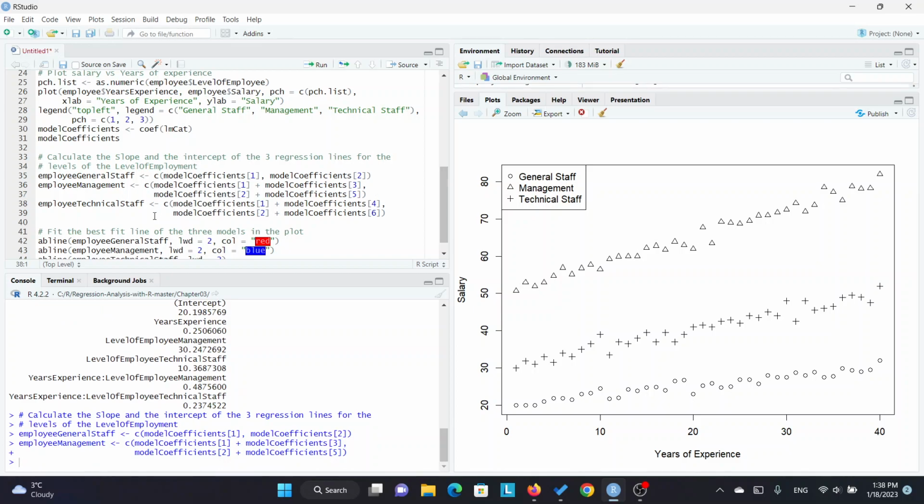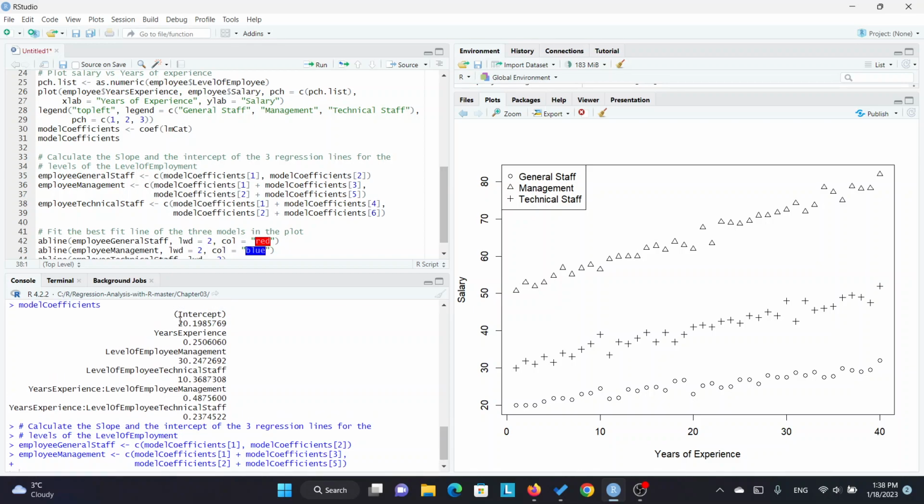And for the technical staff, the intercept is going to be 20.1985769 plus the level of employee technical staff, that's 10.3687308, and the slope is going to be years of experience plus the interaction term between years of experience and technical staff.